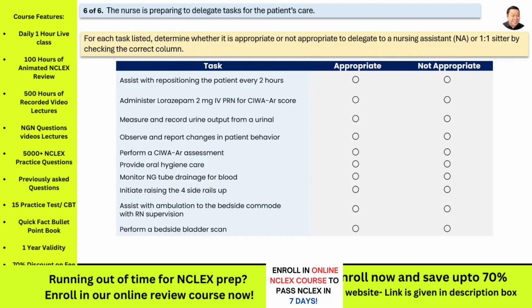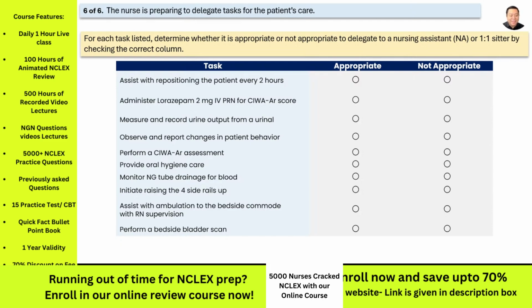So we have different tasks involved here, and we have the 2 columns, appropriate, not appropriate. So I want you to scan through each action if this is appropriate to be delegated to a nursing assistant or a one-to-one sitter. So the first action here, or task, is assist with repositioning the patient every 2 hours.